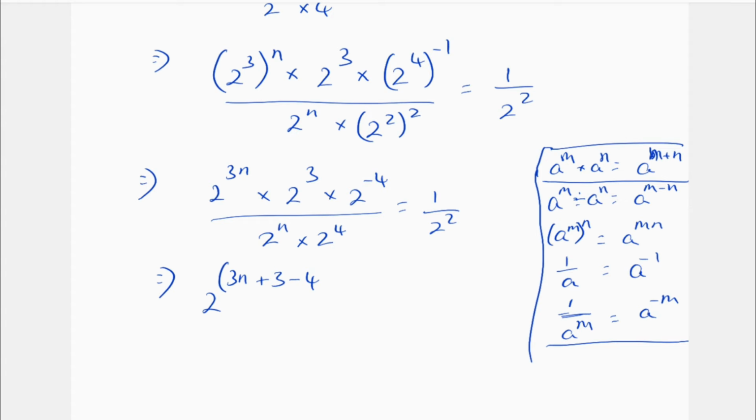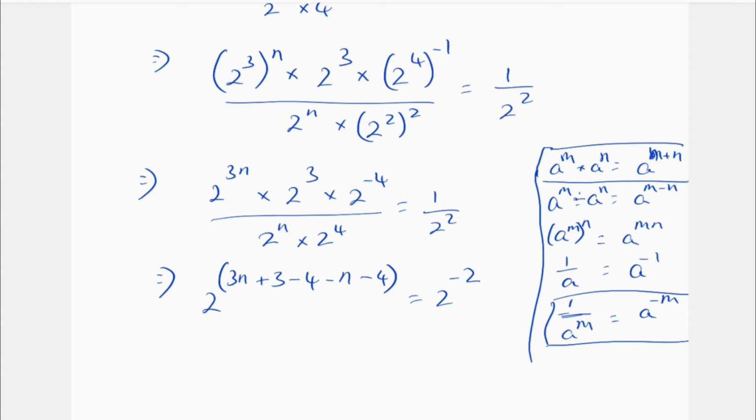Now here it is division, so I am going to bring it to the numerator. It will be minus n and minus 4. This equals 1 by 2 square. For this only I'm going to apply the property 1 by a power m is equal to a power minus m. Then I have 2 power minus 2.